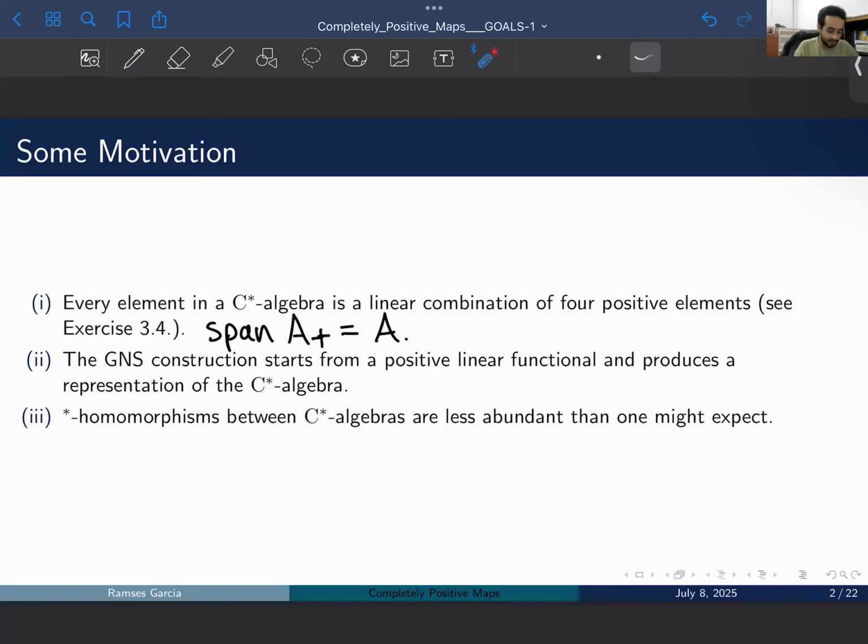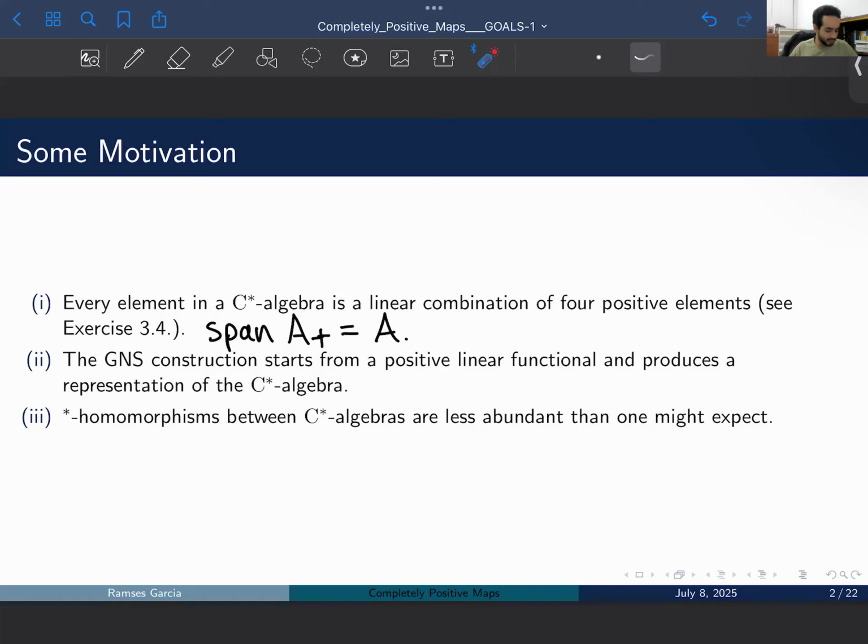When you want to prove something about an arbitrary element, a first step is to prove it for a positive one and then use linearity to conclude for all the elements of the C*-algebra. So the positive elements keep a lot of important information.